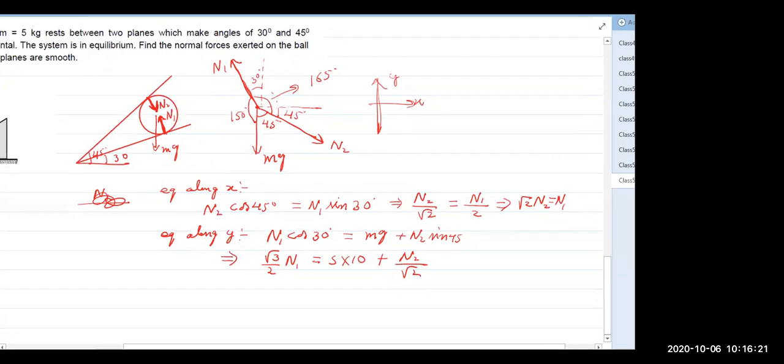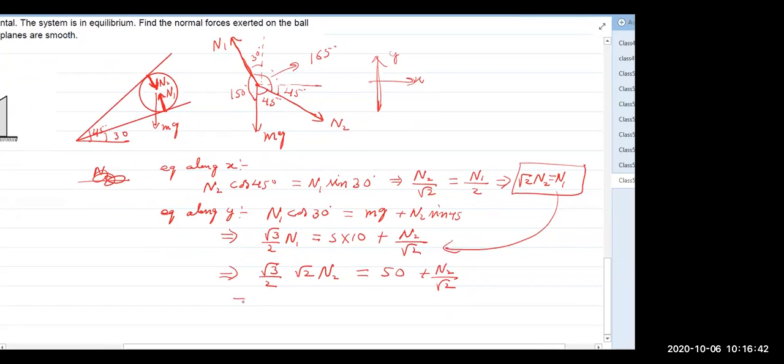If you want to solve, we can replace N1 in this equation. Replacing it, we have root 3 by 2 times root 2 N2 equal to 50 plus N2 by root 2. If you solve it, root 3 by 2 minus 1 by root 2, into N2, equals 50.